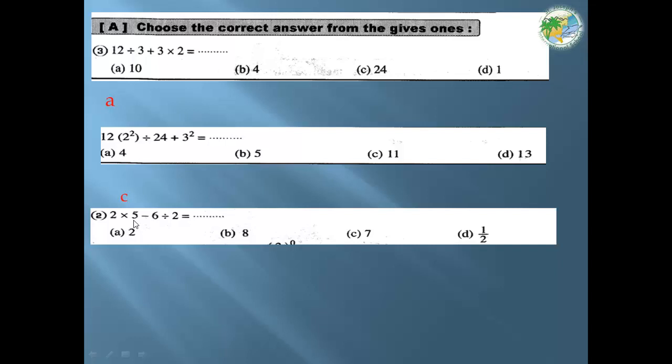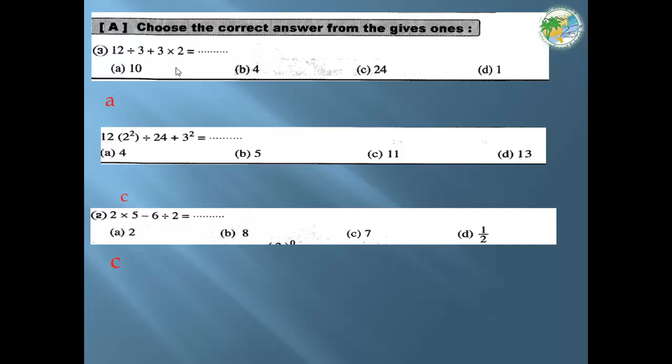So multiplication or division is number 1, then addition and subtraction. Of course, the answer equals C.